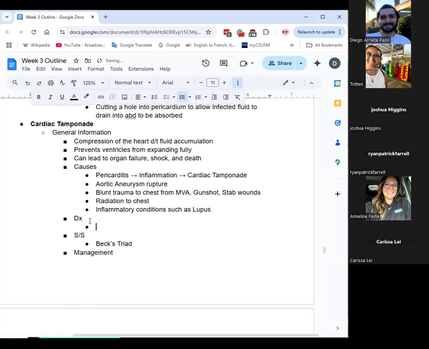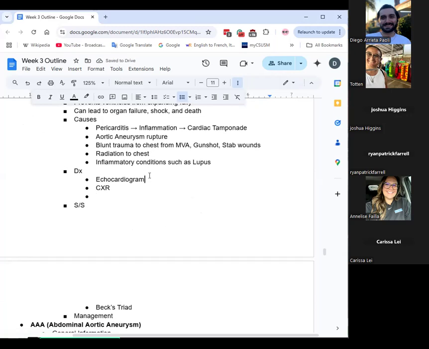We'll skip past the diagnosis because you've been saying the same thing over and over again. Chest x-ray, echocardiogram. So your echocardiogram is going to be the best way to diagnose. Your chest X-ray can show a globe-shaped heart.